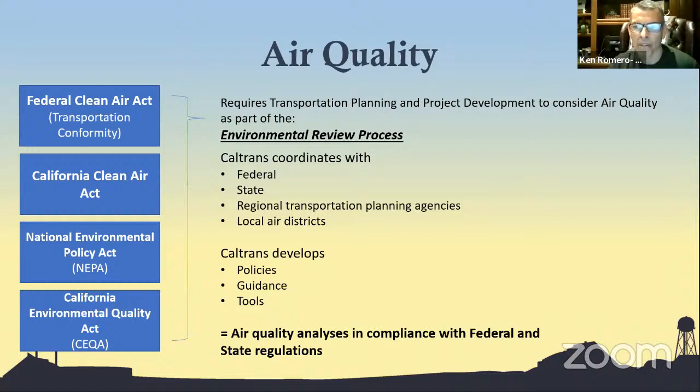Basically, that would be Fresno COG in our area, San Joaquin Air District, and our local partners. The department develops policies, guidance, and tools to conduct air quality analysis in compliance with the federal and state regulations. Caltrans also initiates and participates in air quality research and studies to advance its scientific knowledge and state of practice on the subject.